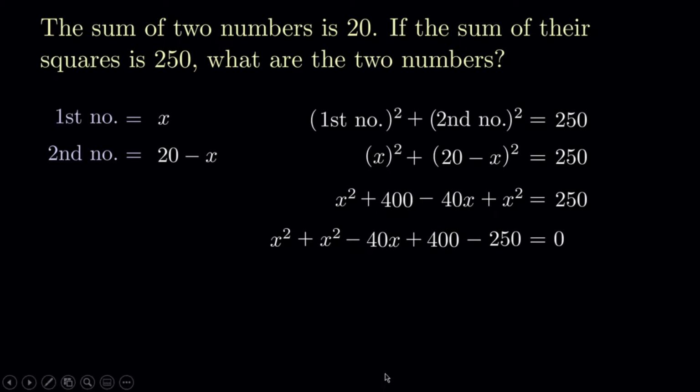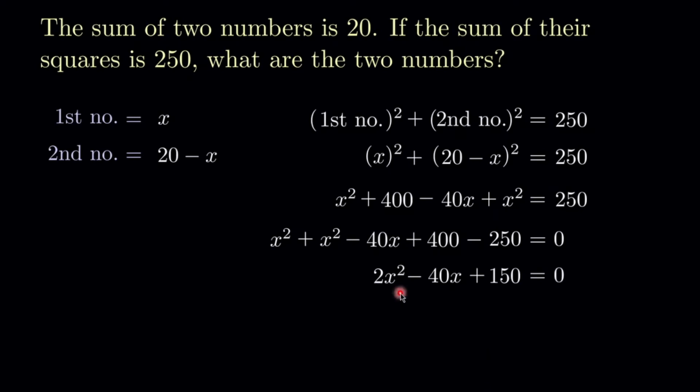Now we add or subtract similar terms. So x squared plus x squared, that is 2x squared. We bring down negative 40x. Next, positive 400 minus 250. So that is positive 150 equals 0.